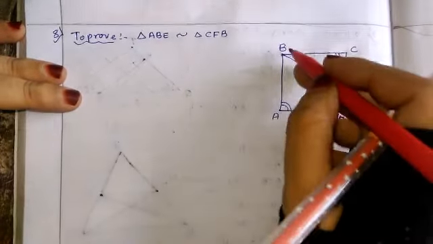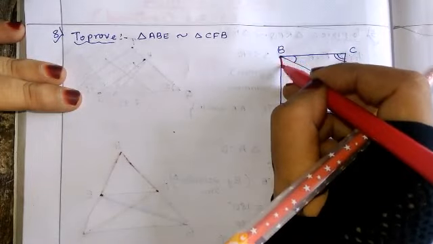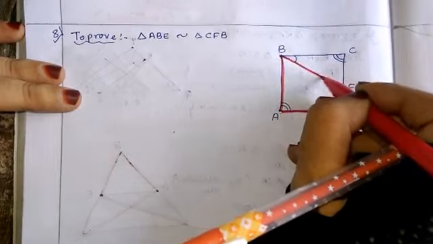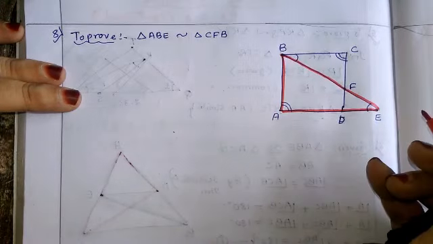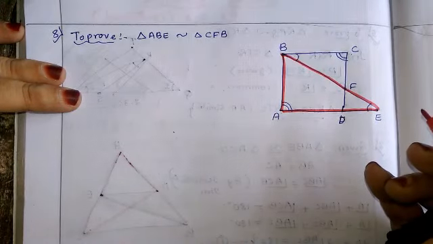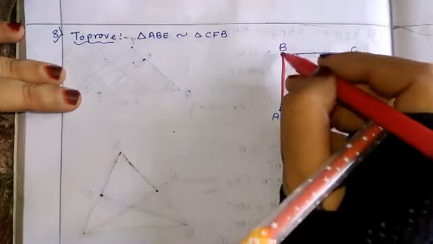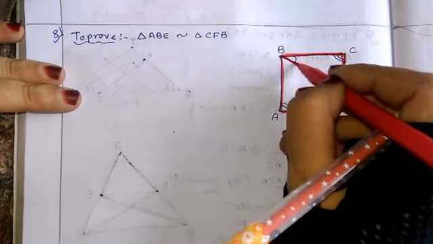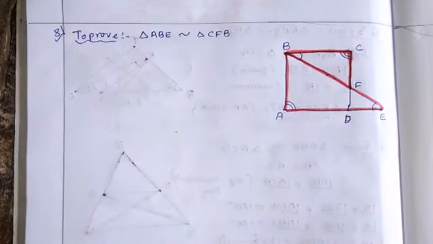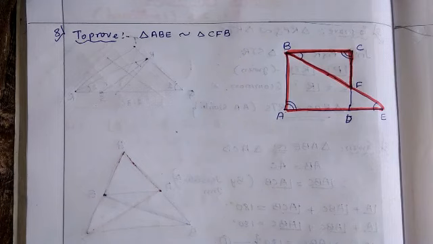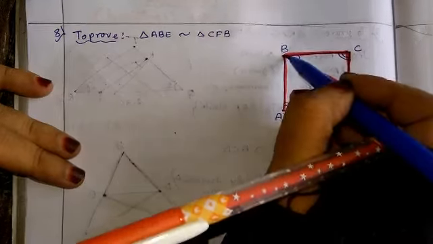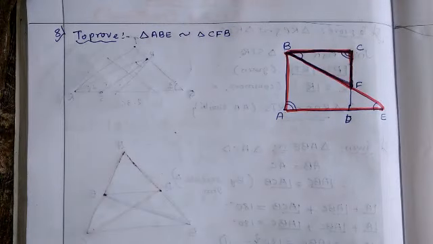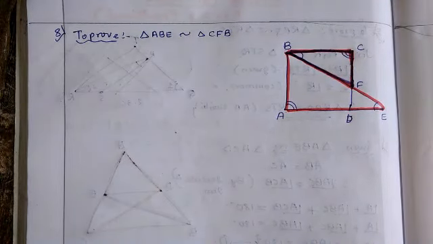ABE, this big triangle, should be similar to CFB, this triangle. These two triangles should be similar. One this and one more this. Okay. I should have colored with a different pen so that you can see this and this. Okay. Let me show you now how it will be.